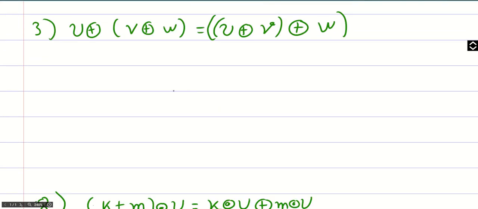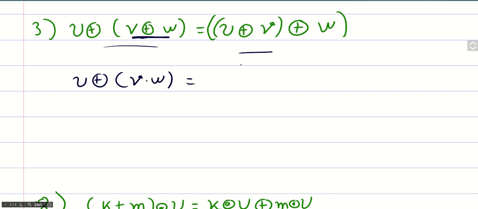The next one is the associativity. So again, I'm going to expand both expressions at the same time. So here we got u plus, and let me expand this expression first. So this equals v times w, and on the right hand side we got u times v plus w.